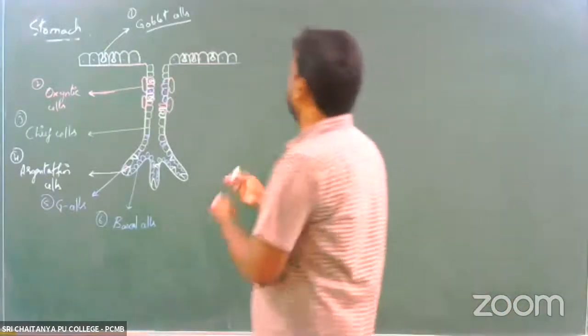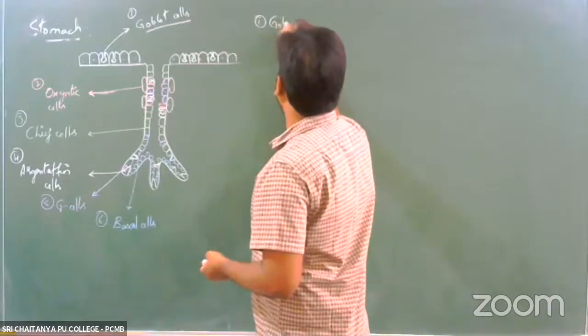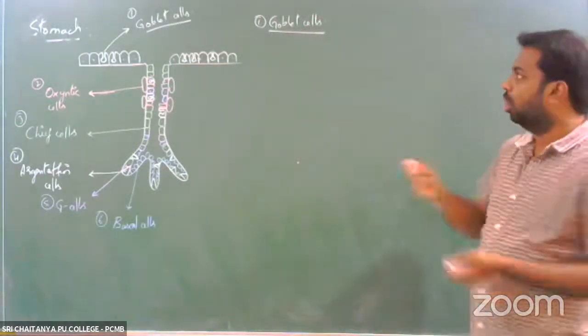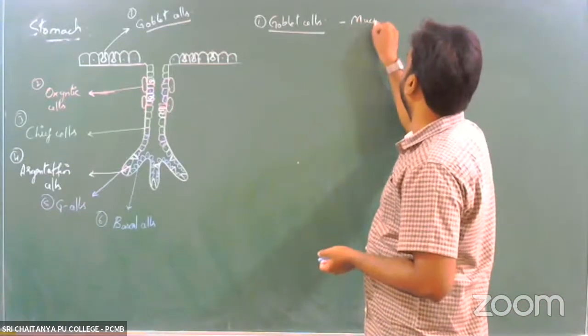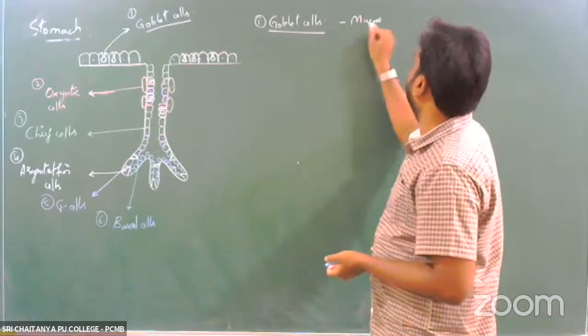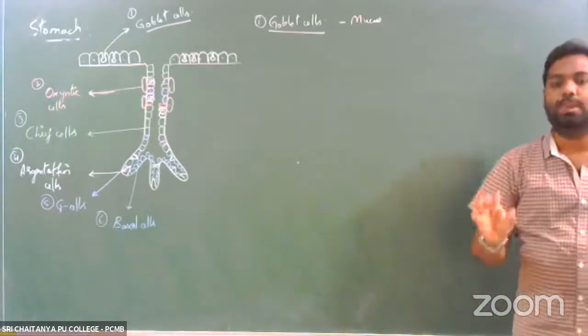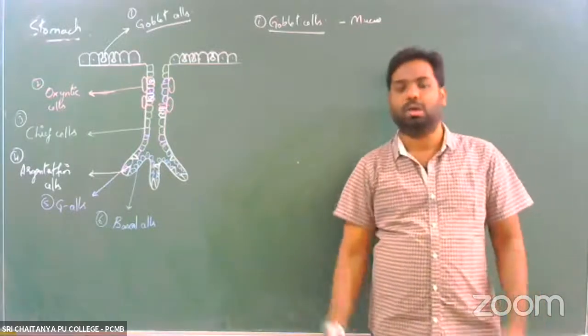So let us begin with the first one. The first type of cell, as we said, is the goblet cells. Now what is the role of the goblet cells? Goblet cells are the ones which secrete the mucus. They are nothing but mucus secreting cells, which we call goblet cells. Now, what is the role of the mucus secreted by the goblet cells?